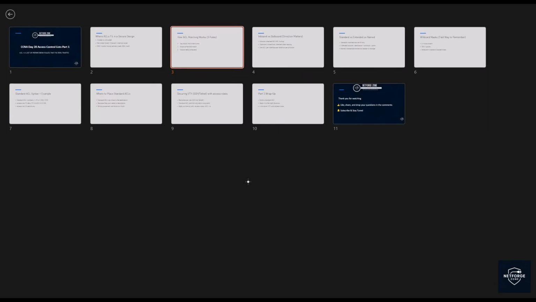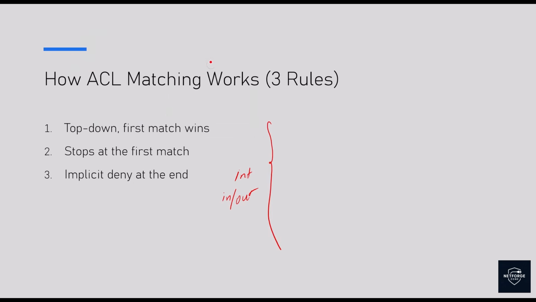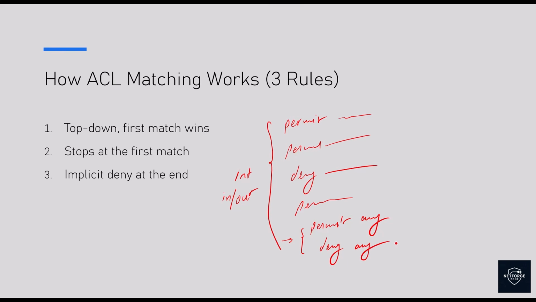Based on this access control list, I can say, for example, permit this kind of traffic, then permit this kind of traffic, then deny this kind of traffic, and then permit this kind of traffic. And in the end, I can have something like permit anything else, or I can say deny anything else. This last line is very important.